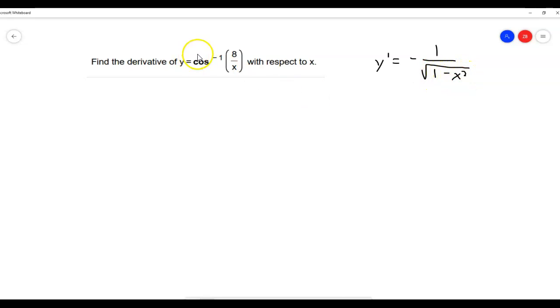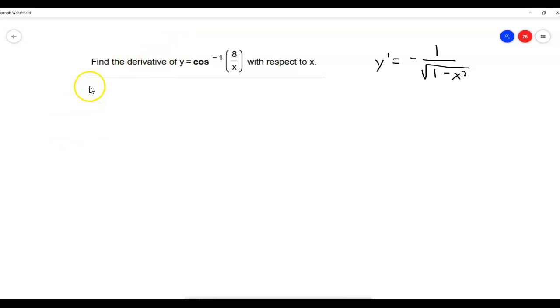But since we're doing the chain rule, we're also going to have to multiply by the derivative of the inside function. So we've got a little bit of work ahead of us, and we're probably going to have to do quite a bit of math in here as well. So let's go ahead and get started.